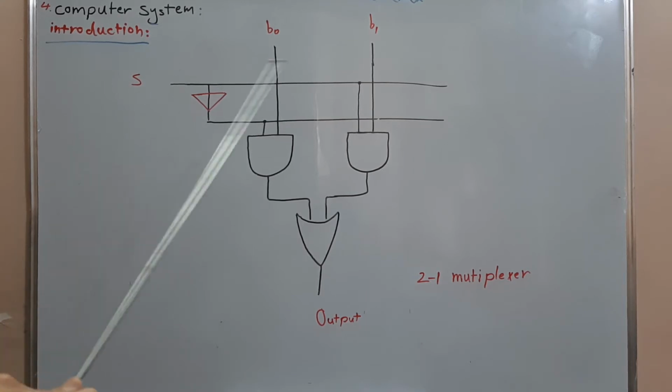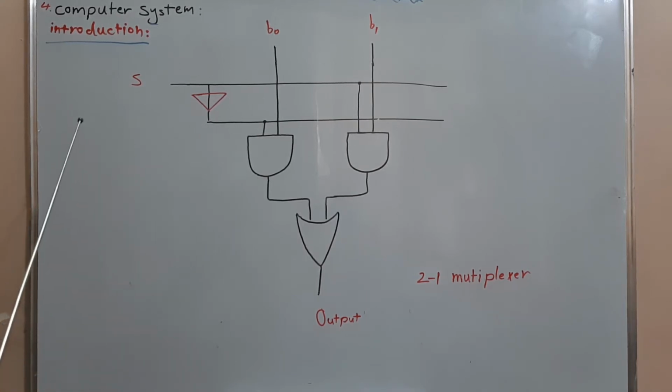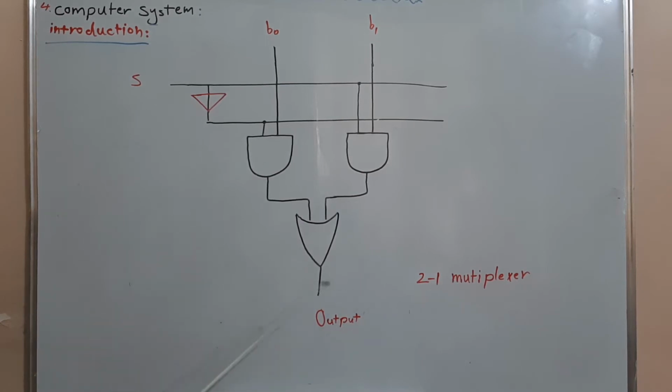It has 2 inputs, 1 selection line, and 1 output. The name 2-to-1 means that it has 2 inputs and 1 output, and by the use of the selection line, we decide which input will pass its value to the output.